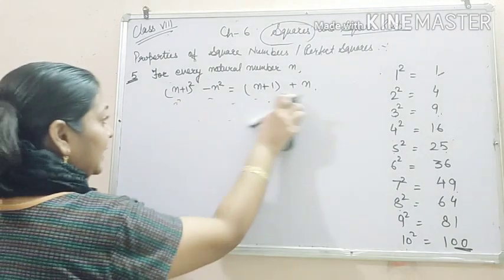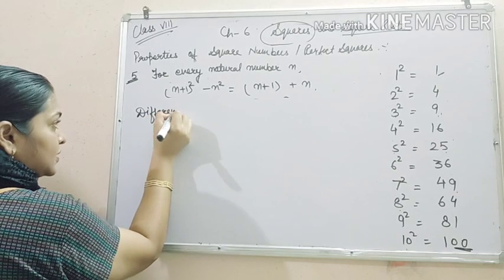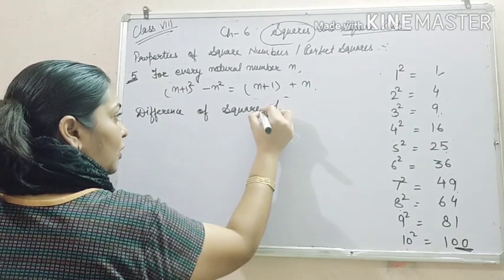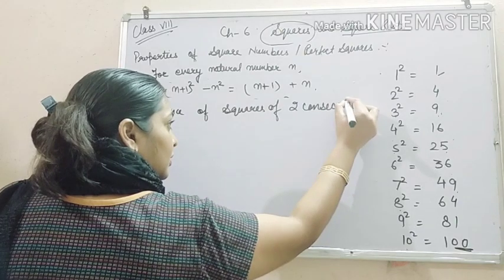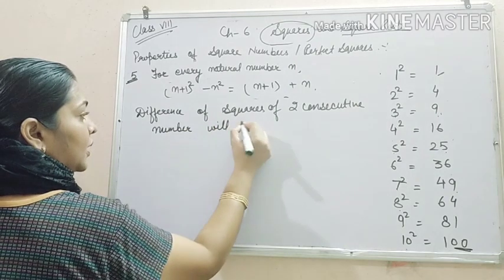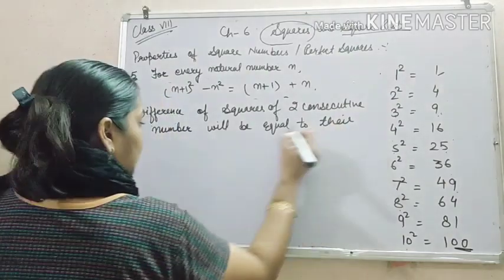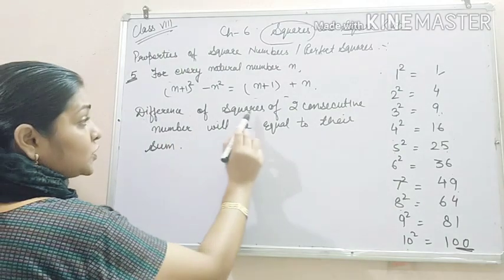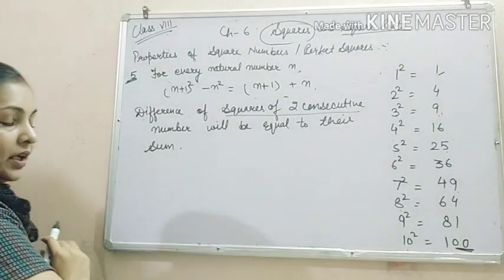So you can say that the difference of squares of two consecutive numbers will be equal to their sum. What I said? The difference of squares of two consecutive numbers will be equal to their sum.